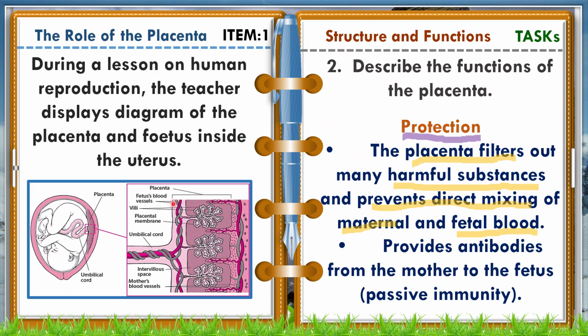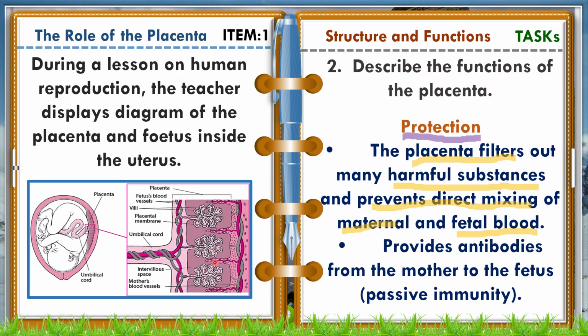We have the placenta here, and our placenta here is acting as a filter. When materials are coming from the mother, they are filtered through the intervillous space. Then they will be filtered to enter into the chorionic villi.